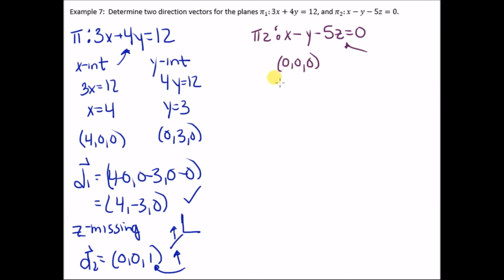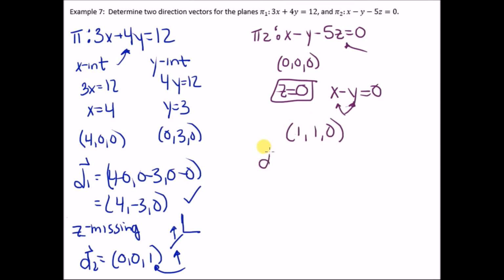So let's just conveniently say z equals 0. And so we're going to have x minus y equals 0. This is a line that's going to cut the plane. So let's just pick convenient values so that x minus y equals 0. I get 1 and 1. So I get (1, 1, 0). This is going to be our second point.